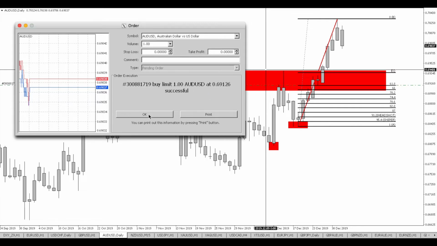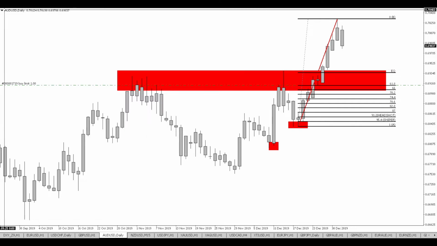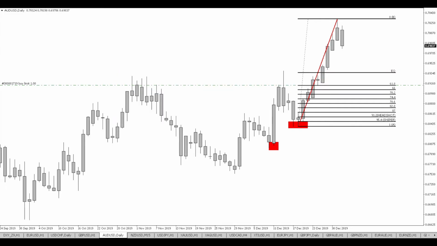Then you can see limit successfully placed. Then you won't have to do anything. Price will come back down to you. So if price comes back down into that region, we'll be going long.